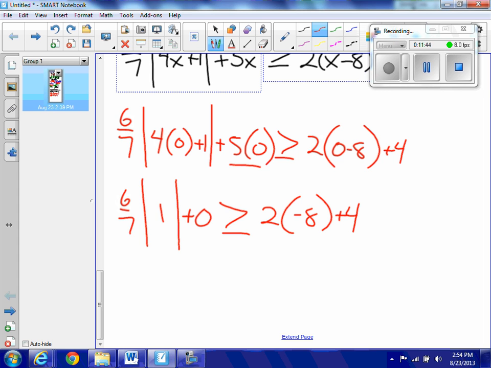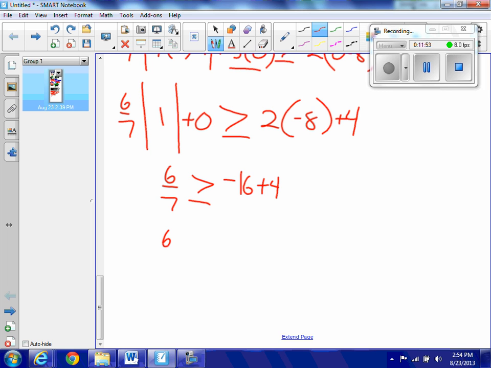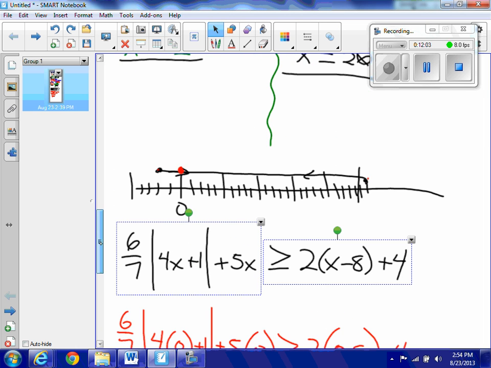This side here gives me 6/7 is greater than or equal to negative 16 plus 4. 6/7 is greater than or equal to negative 12. That checks. So by picking a point, that is one way to help check your answer.